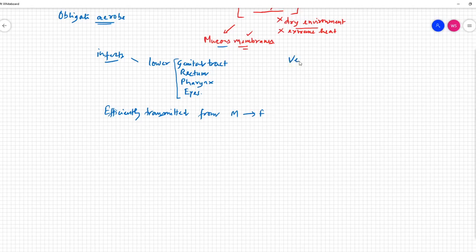Then vertical transmission also occurs. So what is vertical? From mother to infant. So it's transmitted from mother to infant.